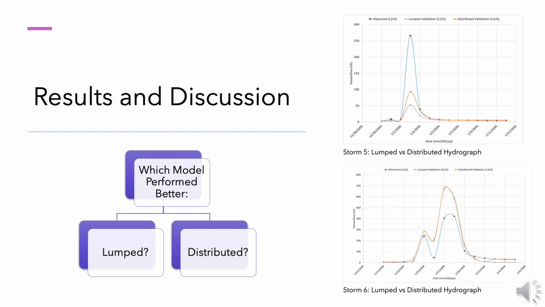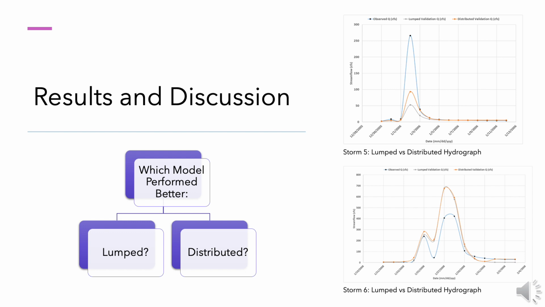Each sub-basin has the influential curve number and lag time, instead of lumped with one curve number and one lag time. Using free HEC-HMS software and Excel, the distributed model stats showed lower root mean square error, or RMSE, and lower percent bias for the gargantuan Storm 5 flow.